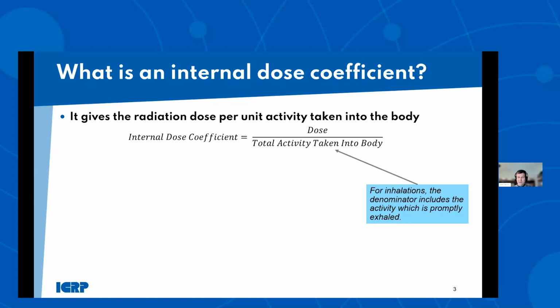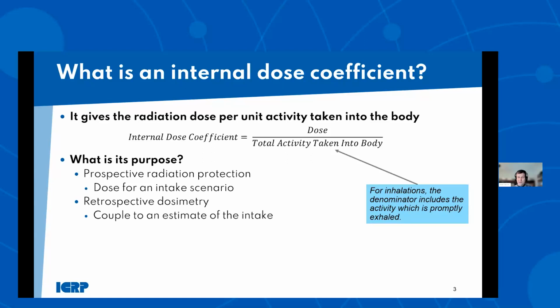The idea behind the internal dose coefficient is to be useful to an operational dosimetrist. So in prospective radiation protection, the dosimetrist determines a potential intake scenario and multiplies that intake activity by the dose coefficient to give the dose to the reference person if it were in those exposure conditions, or the representative person if we're concerned about dose to the public.